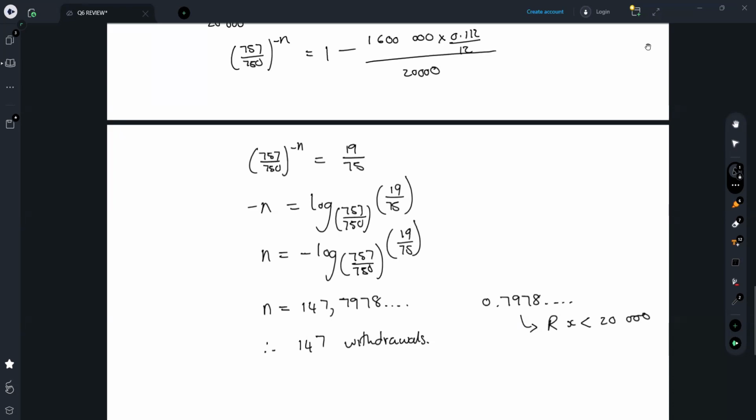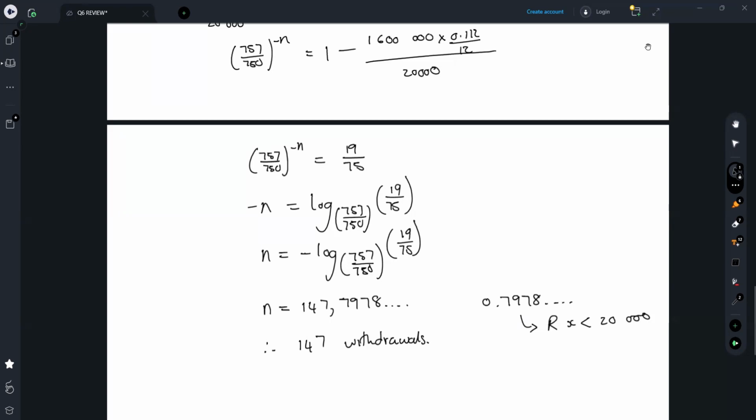So this 147 would be the number of withdrawals we can make of 20,000, right? Then after making this number here, we are going to be left with this amount. But this value of n is going to correlate with some value of r, which is going to be less than 20,000.